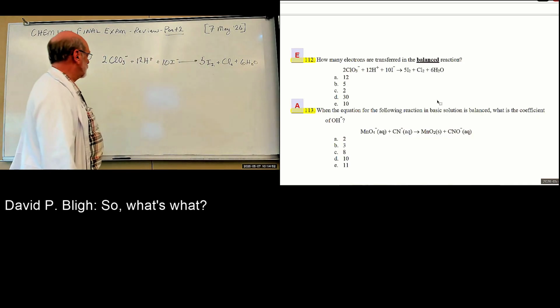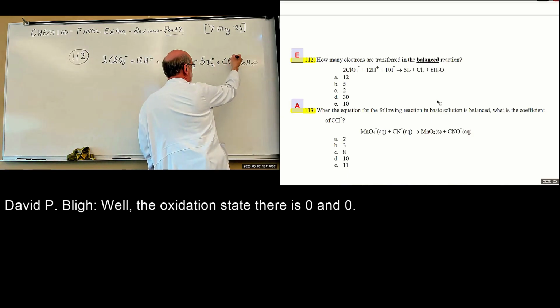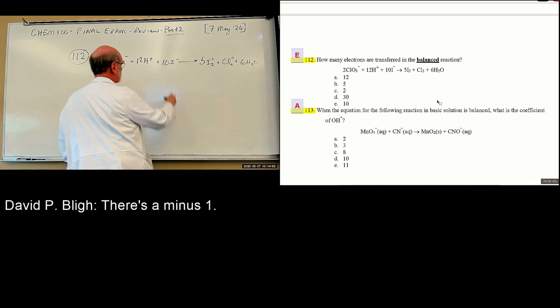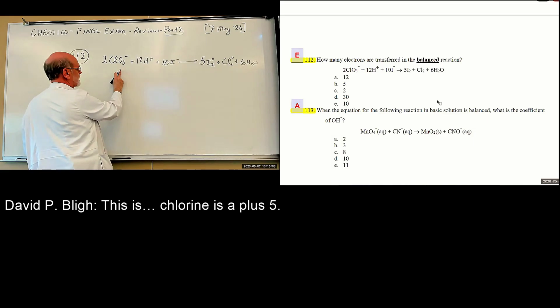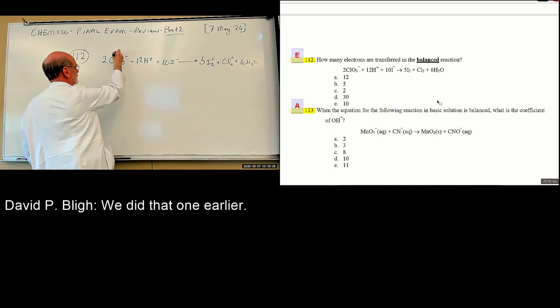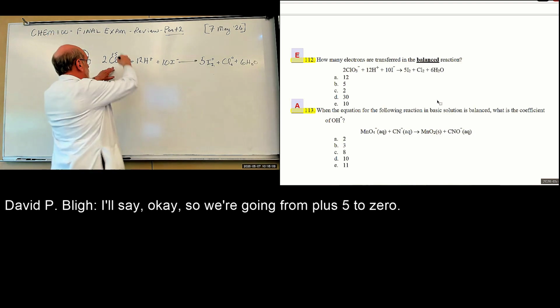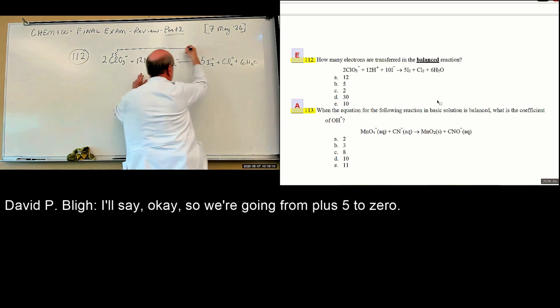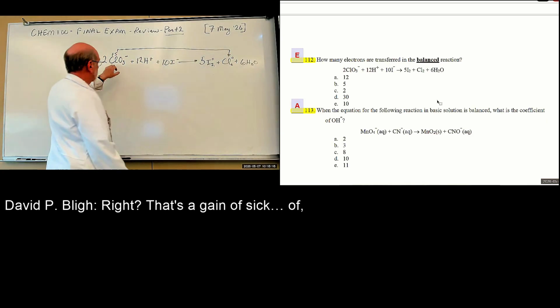Okay, so the oxidation state there is 0 and 0. There's a -1. This is chlorine is a +5. We did that one earlier. Okay, so we're going from +5 to 0. Right?